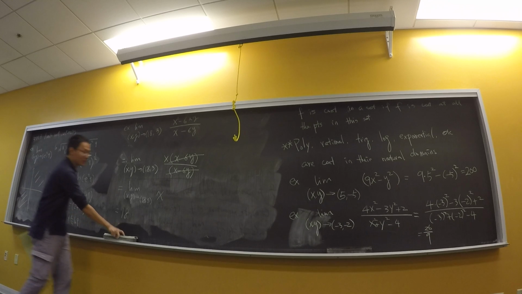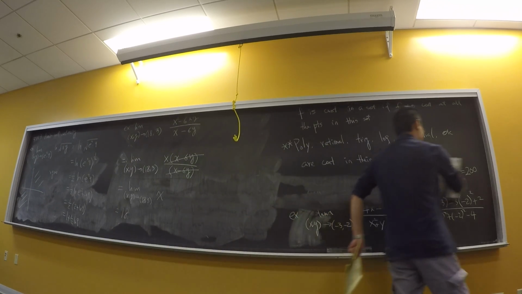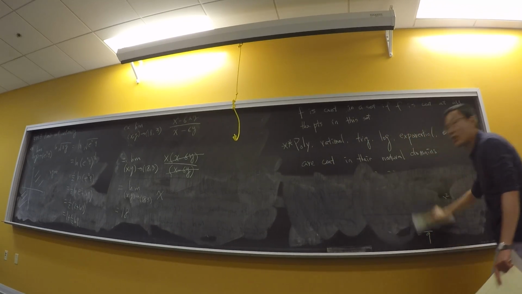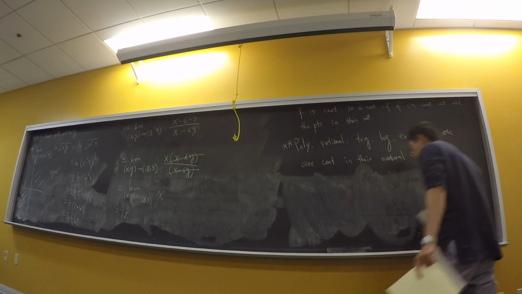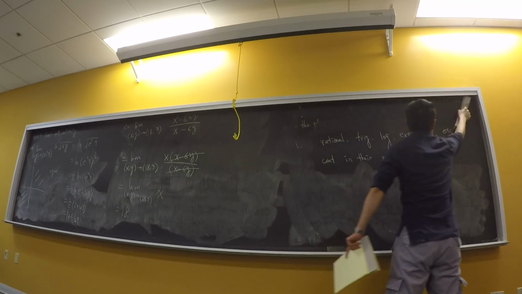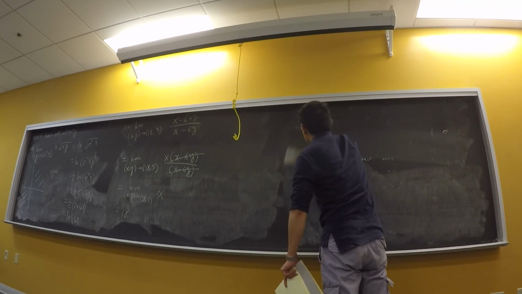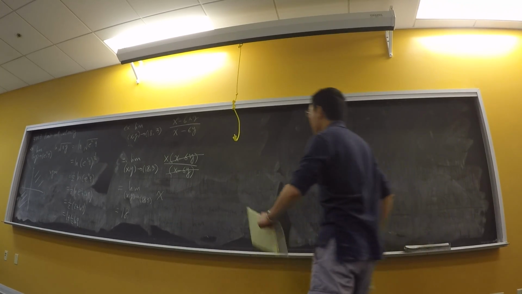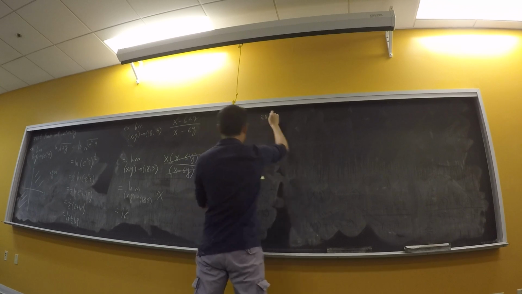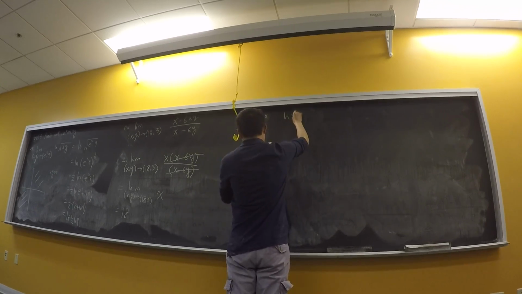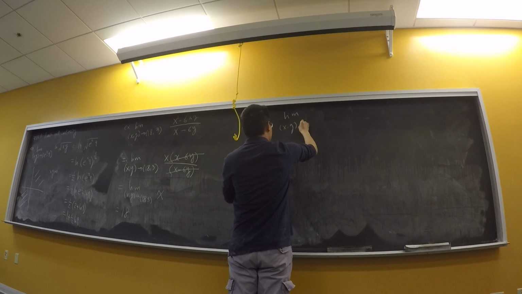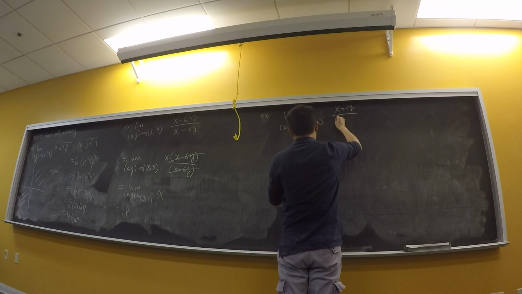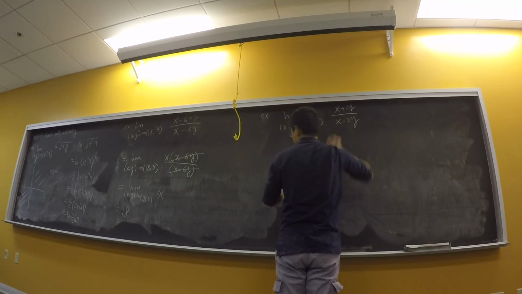Okay, now we're gonna look at the more complicated questions where you still have this domain issue, but you cannot simply resolve it by removing the common factor. You can easily design your own fractions where the fixed point is not in the domain and there's no common factor to remove. So let's look at this function: the limit as xy approaches 0, 0 of x plus 2y over x minus 2y.